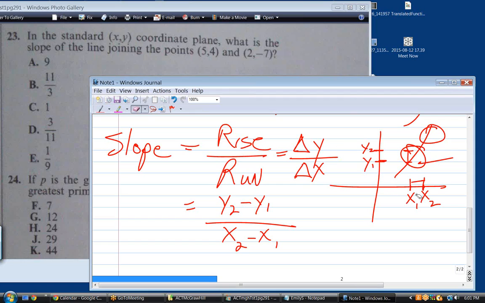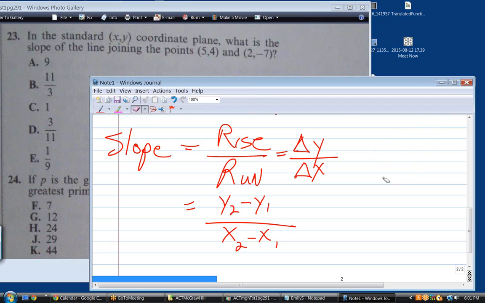Okay, well, let's figure out what it is between these 2 points. All right. What's y sub 2? Negative 7. Subtract, what's y sub 1? 4.